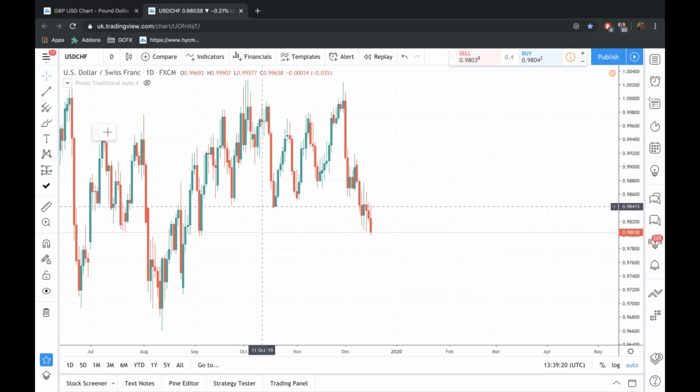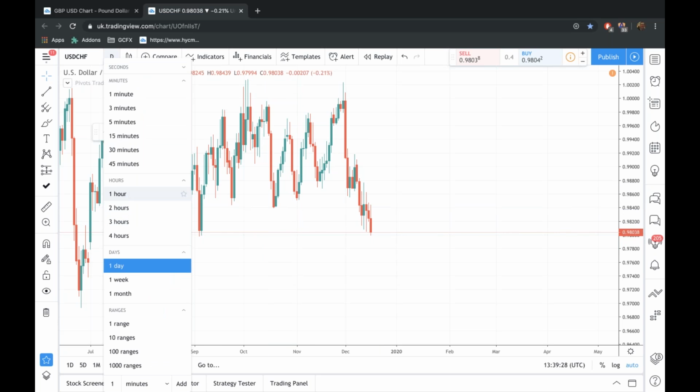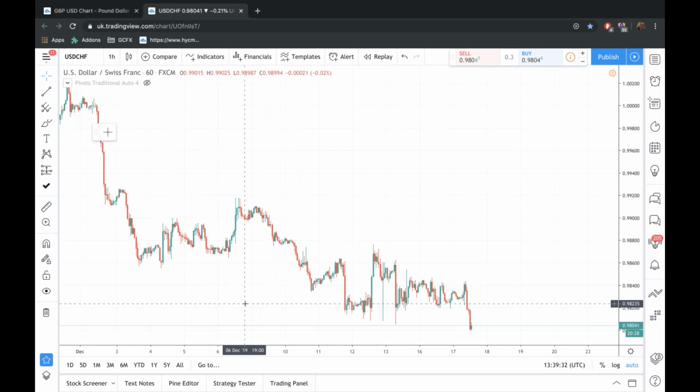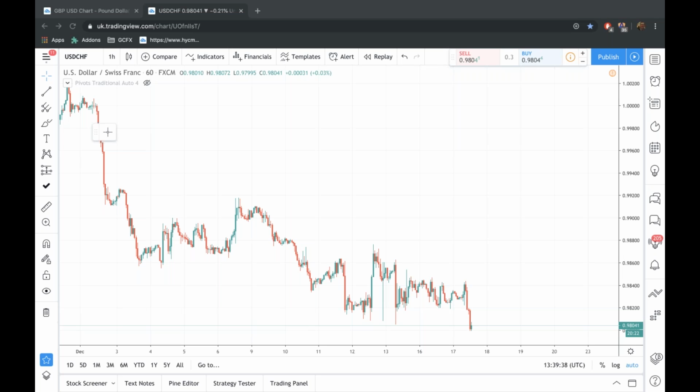Okay, so we're seeing some Swiss franc strength on this risk off tone. Salvatore, I'm assuming you're selling US dollar, Swiss franc.